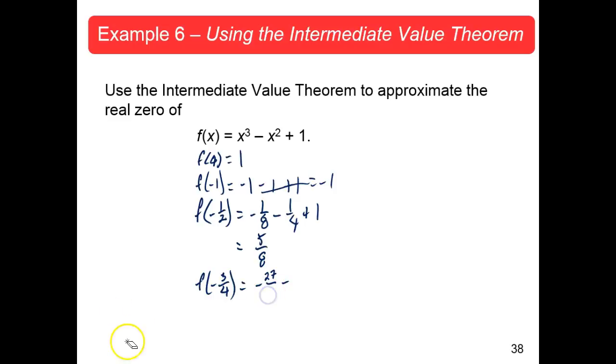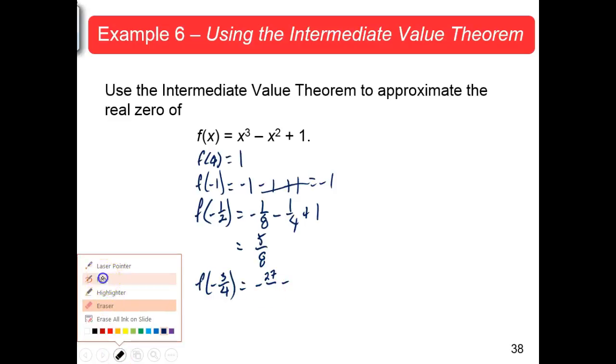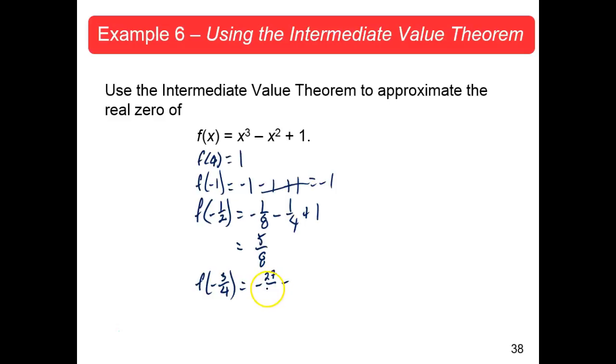Okay, I was doing 2, not 4. Negative 27/64. I believe that's right. 4 cubed: 4 squared is 16, 4 times 16, 64. Isn't it? Brain's not working today. Yeah. Okay. And next.